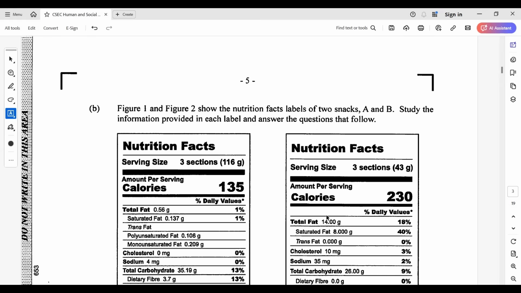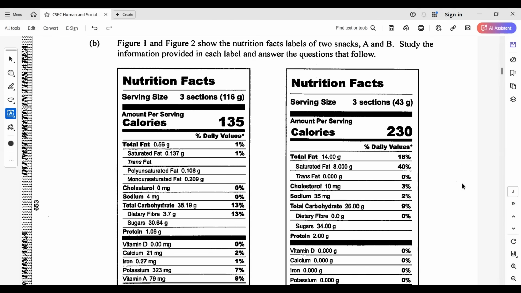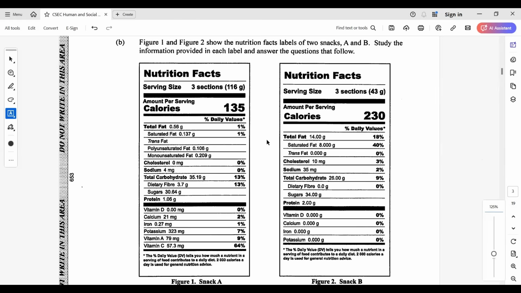So we have figure 1 and figure 2, which shows the nutritional facts for 2 snacks, A and B. Study the information provided in each label and answer the questions that follow. So you would have taken some time to examine the nutritional facts for each snack.